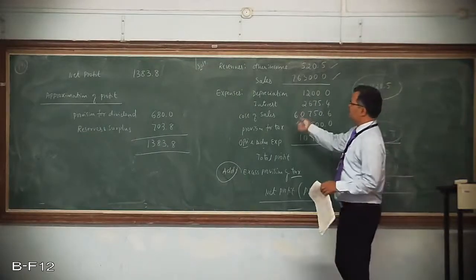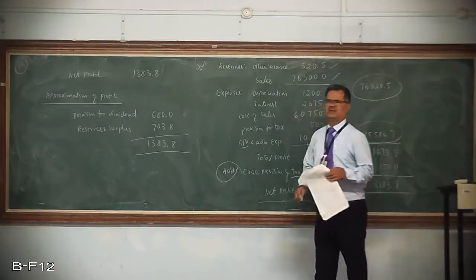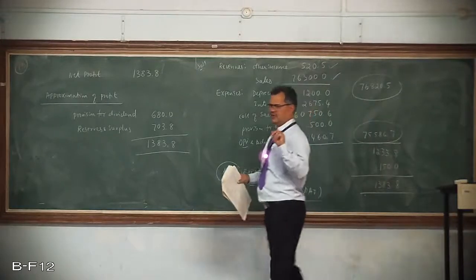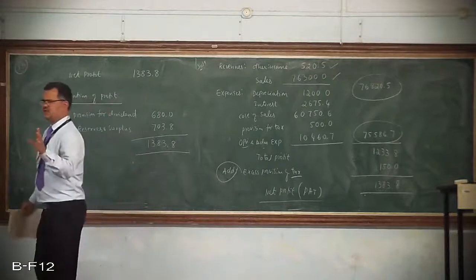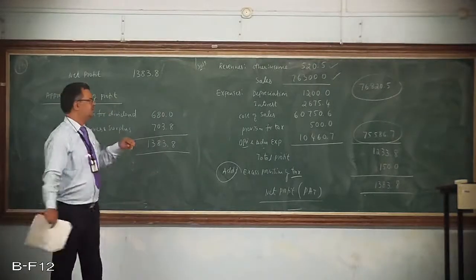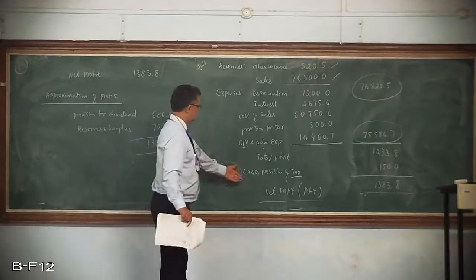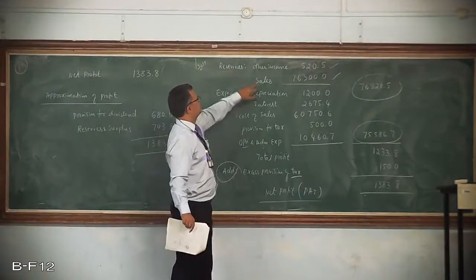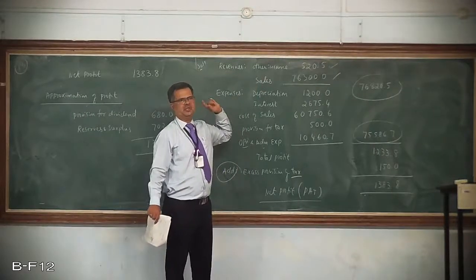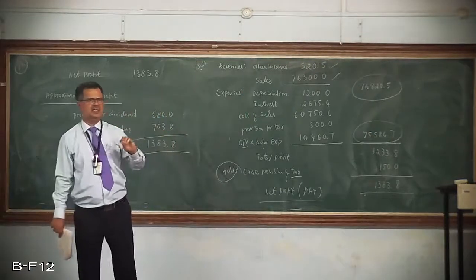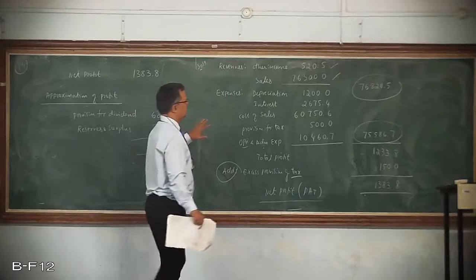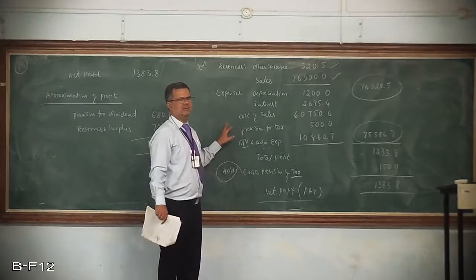Of course, the same problem can be solved by taking these elements under 4 different heads. One is GP, that is subtracting the cost of sales directly from sales. You are going to get GP, gross profit. Subtracting the depreciation and extra provision and all, you're going to get OP, operating profit, PBIT.